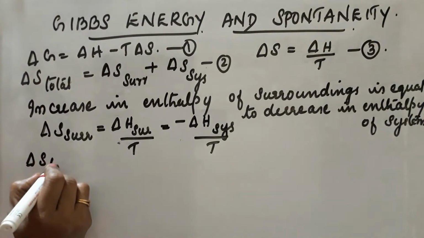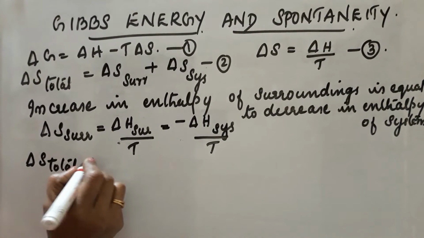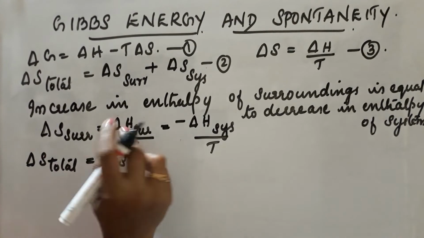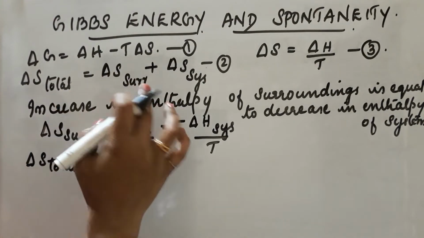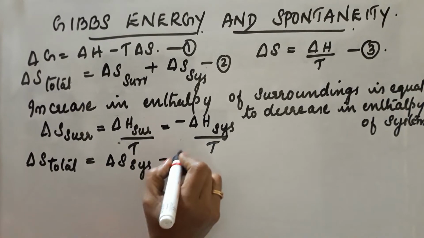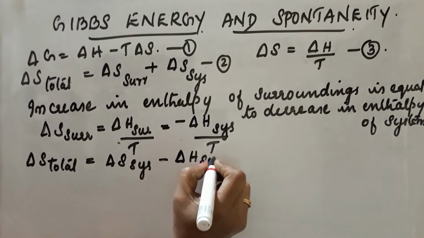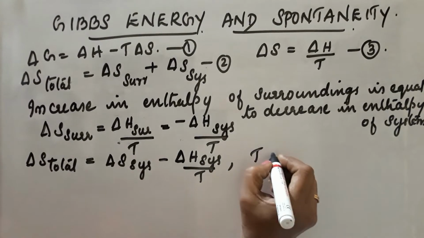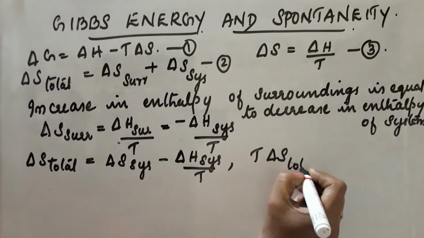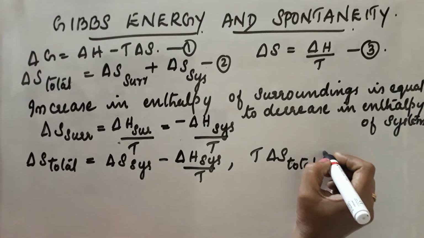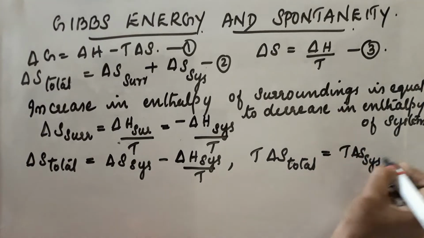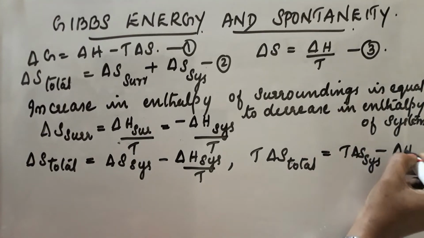Delta S total will be equal to delta S of system minus delta H of system by T. Multiplying the whole equation by T, we get T delta S total equals T delta S of system minus delta H of system.